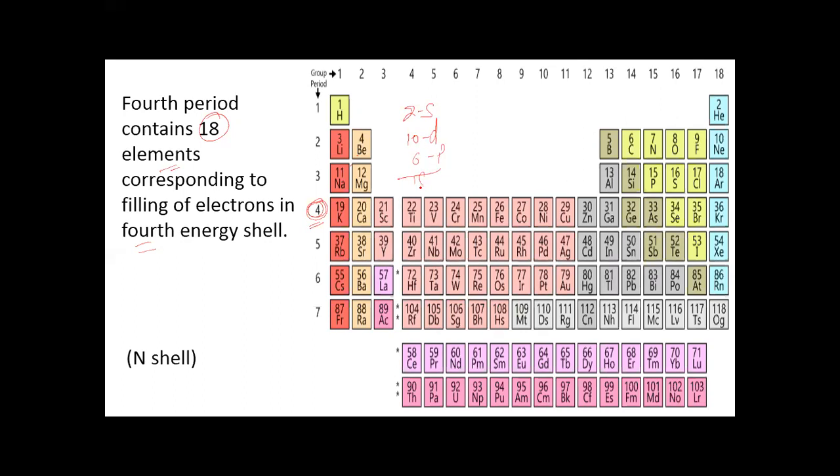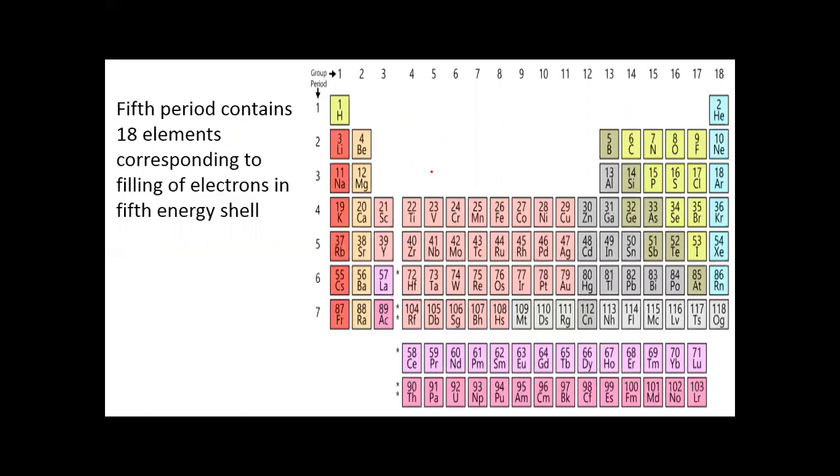So the total is 18. Now the fifth period again contains 18 elements corresponding to the filling of electrons in the fifth energy shell, in which 2 are from the s subshell, 10 from the d subshell and 6 from the p subshell, total 18.